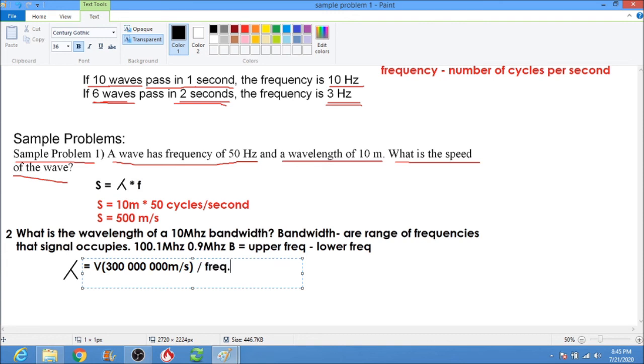Our frequency is 10 megahertz, or 10 million hertz. So 300 divided by 10, and that will be 30 meters. That is our wavelength.